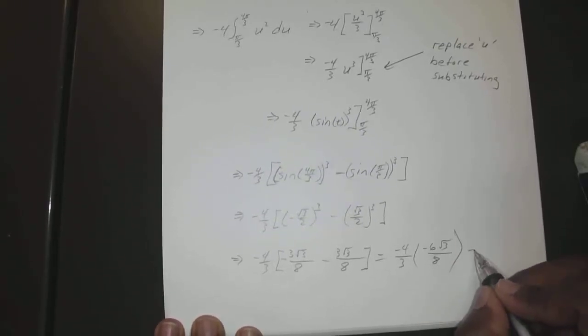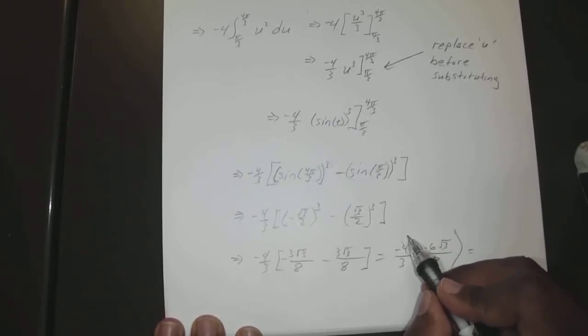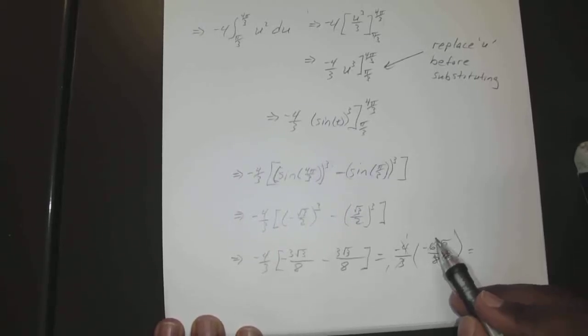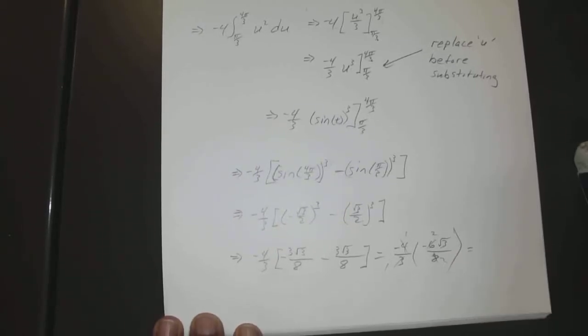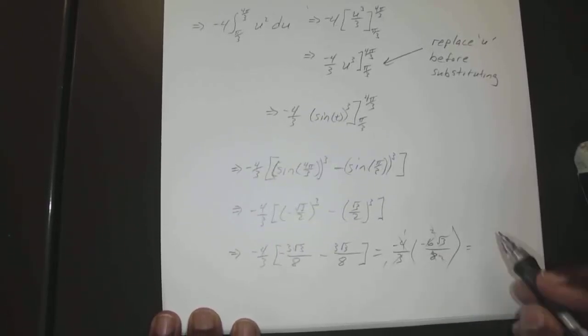Actually we can cancel these out and make it a lot easier on ourselves. So that becomes 1, that becomes 2, that becomes 1, and that becomes 2. Oh, and actually these two 2's cancel out. So you end up with positive square root of 3.